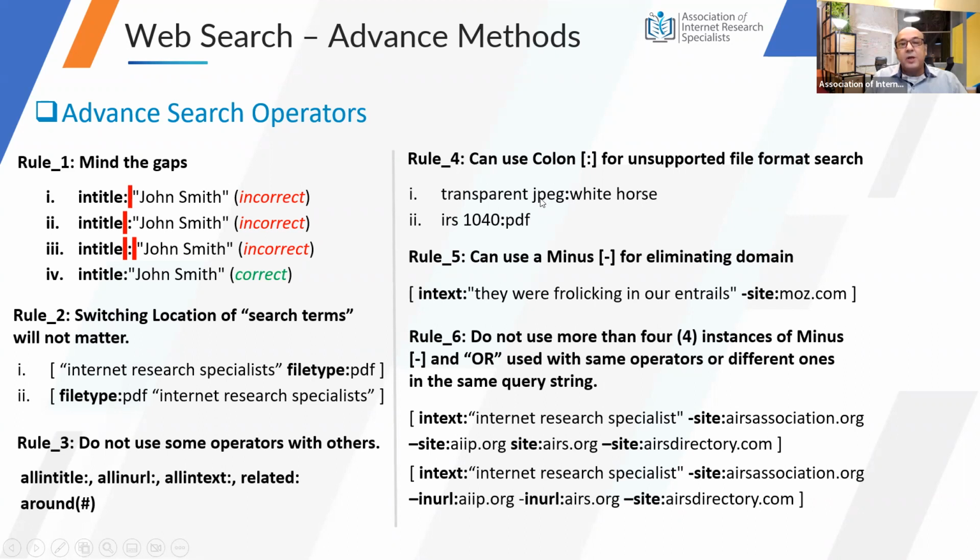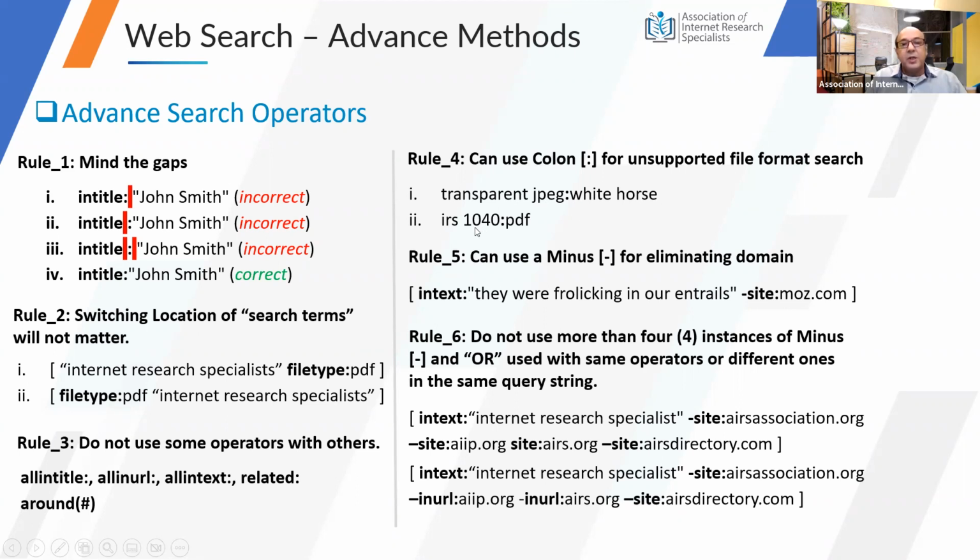Whereas for the name of the property, instead of using typical operator words, you replace it with what you need. So the format, if you need JPEG, colon, white horse, transparent. JPEG, colon, white horse, and this is where you can find it.